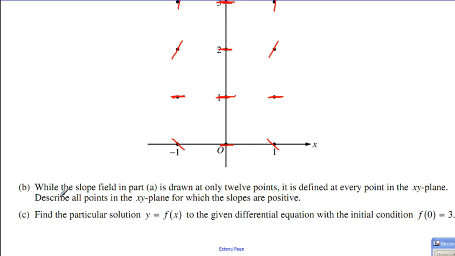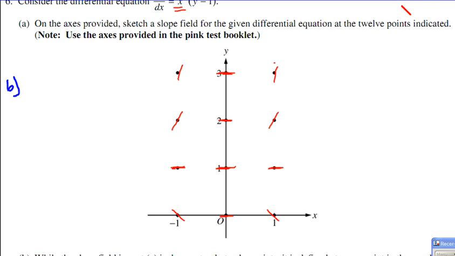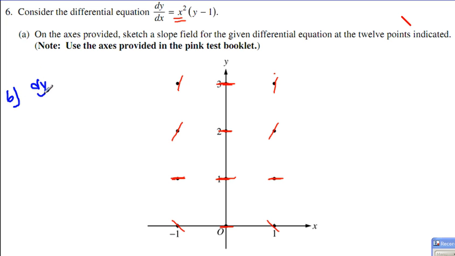Part B. While the slope field in part A has 12 points, now we just have to write where all slopes are positive. How can you have slope to be positive? Now I'm just going to write down the answers here. B. Then dy over dx has to be positive.